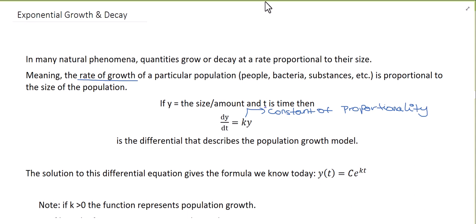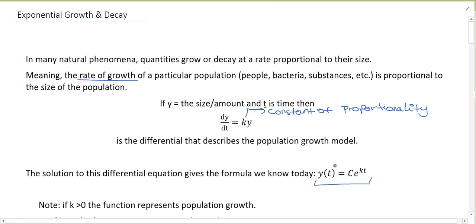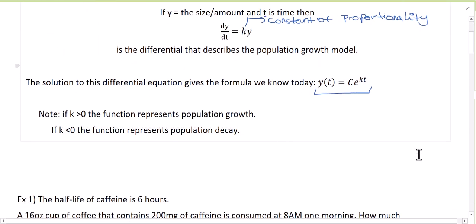The solution to that gives us the formula that we know today: y of t equals c e to the kt. You may see this in different forms like P equals P naught e to the rt and all those other exponential growth functions.